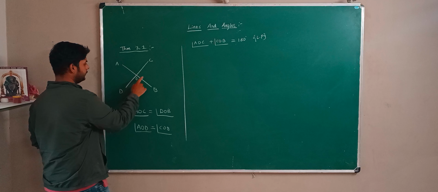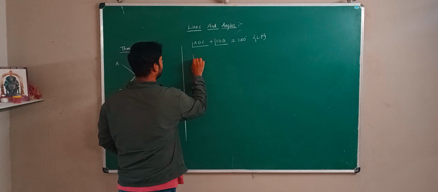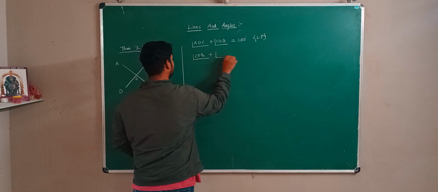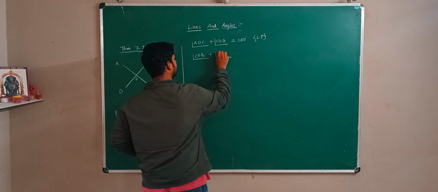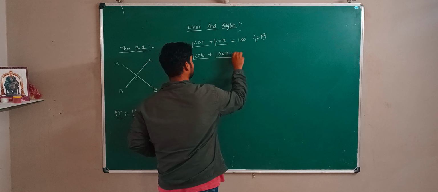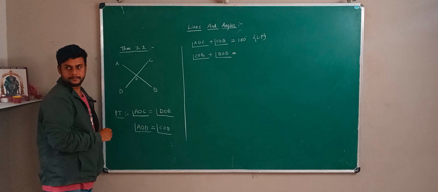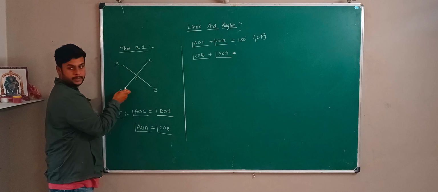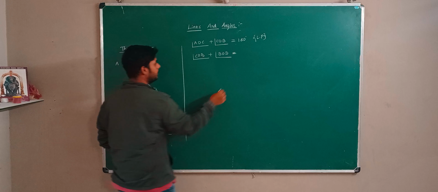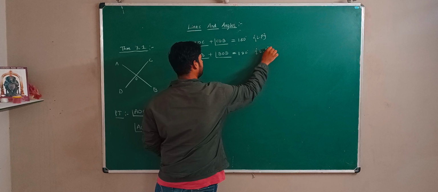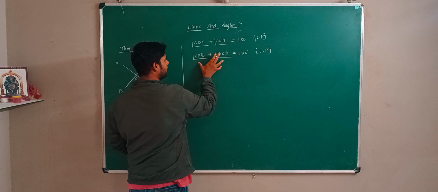Similarly, now take this and this angle. Angle COB plus angle BOD is equal to how much? This angle plus this angle. Again 180 degrees. Again I got a line. So why? Linear pair. This is equal to 180, this is equal to 180.